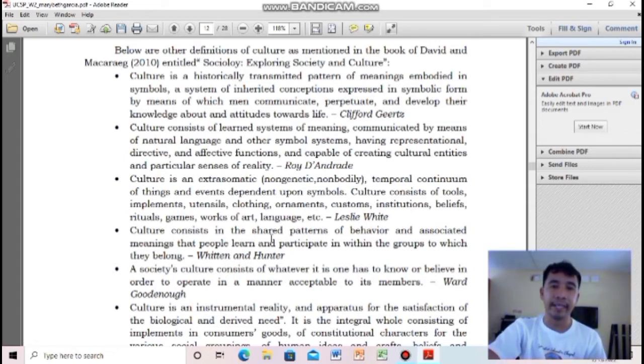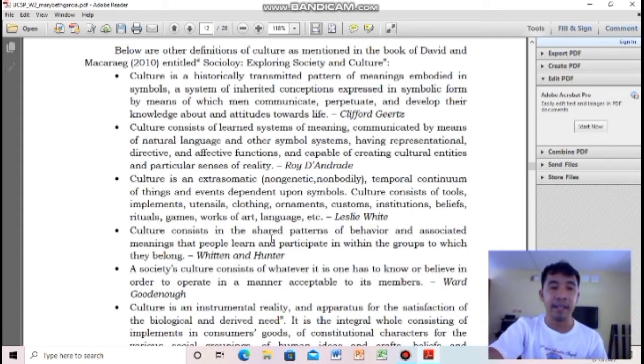Okay, next. According kay Leslie White, culture is an extrasomatic or non-genetic or non-bodily temporal continuum of things, events dependent upon symbols. Consist ni siya sa tools, implements, utensils, clothing na ang mga pinangsuksok naton, ang art, language, ang mga hampang, ritual naton is parte ina sa ginatawag naton nga kultura. So ang kada society may lain-lain nga kultura.